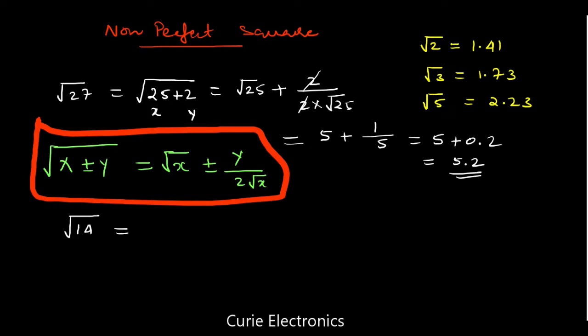You have to find the value of the square root of 14. We apply the same equation, square root of x minus y. How do I split? The square root of 16 is 4, so I write 16 minus 2.